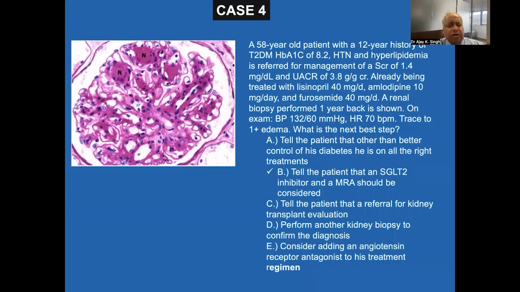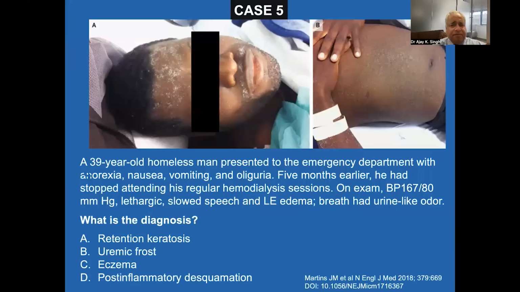So you've got to do this cautiously. You've got to watch the potassium, and you may actually need to use a resin such as Lokelma or Veltassa to further reduce the potassium by binding exogenous potassium before it's absorbed. Nonetheless, I think more aggressive therapy is needed.